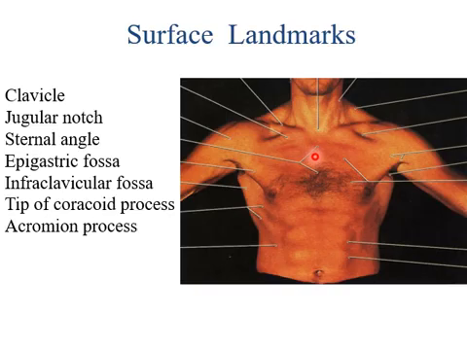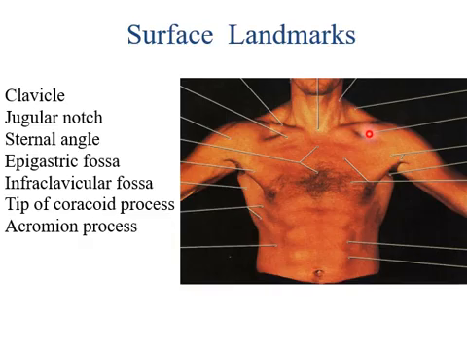Now, just below the sternum, there is another depressed area that is called the epigastric fossa. Then just below the lateral part of the clavicle, there is a depression called the infraclavicular fossa. Here you can clearly see the infraclavicular fossa which lies below the clavicle.